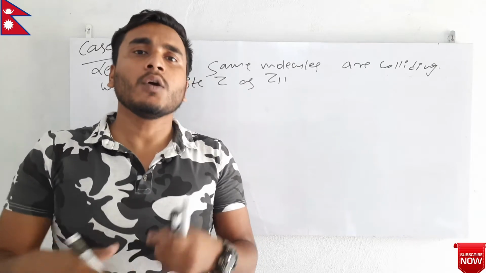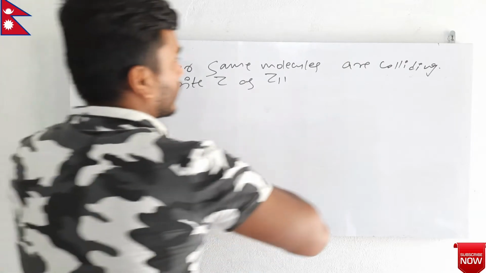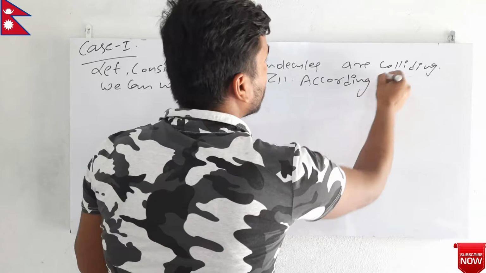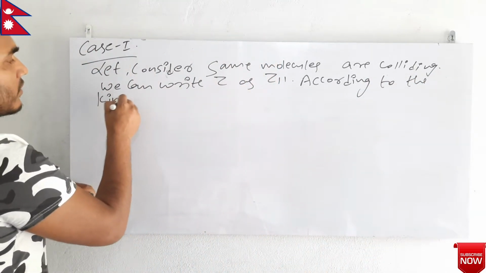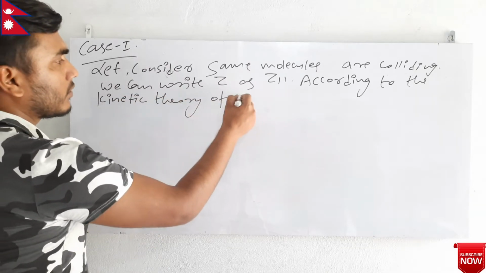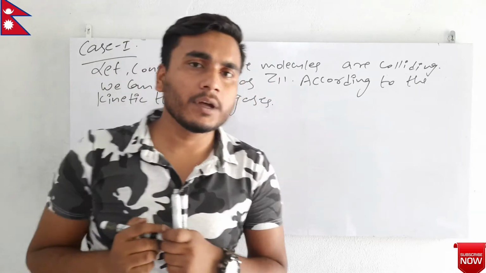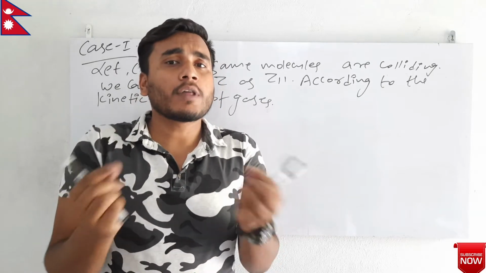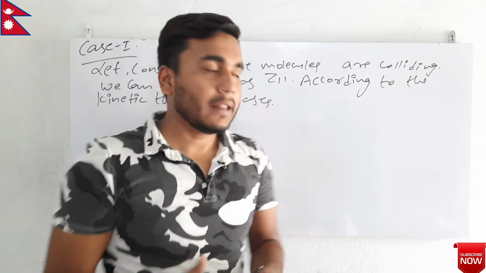Okay, they are being collided, or they are colliding. Now, according to kinetic theory of gases, we are applying kinetic theory of gases over here because the molecules are colliding. Okay, if the molecules are colliding, then kinetic theory of gases can be applied over here.